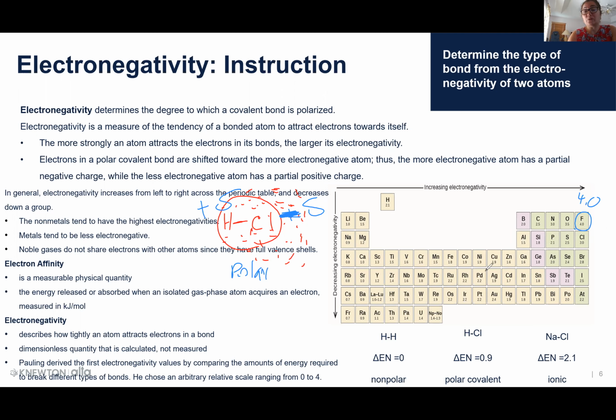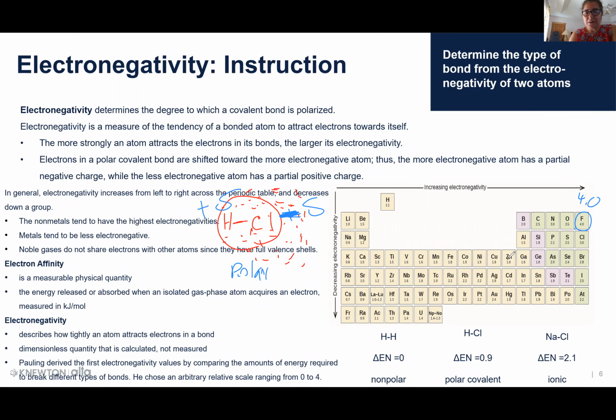When do we use it? When we want to know if the bond that we have is polar or not polar. Electron affinity was the amount of energy released, but electronegativity is just a comparison to fluorine.